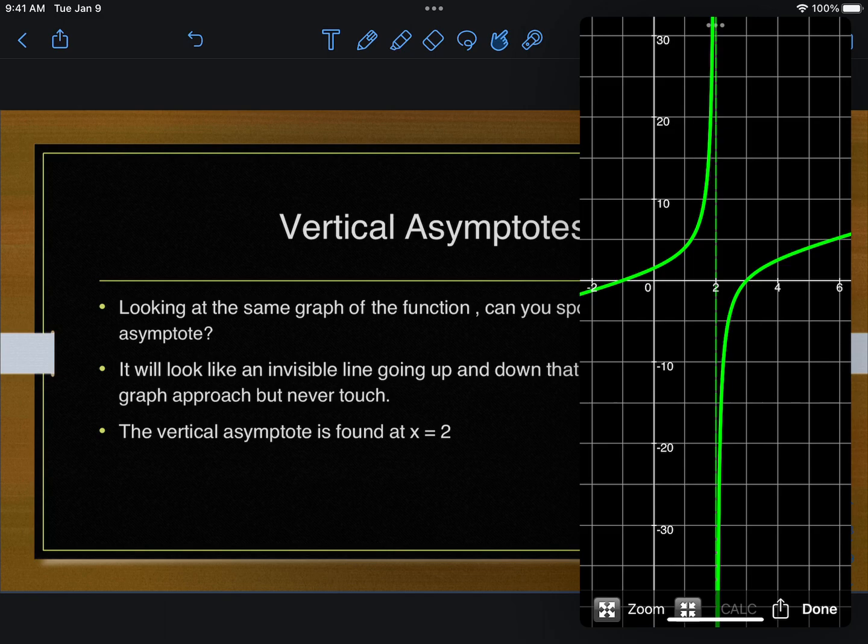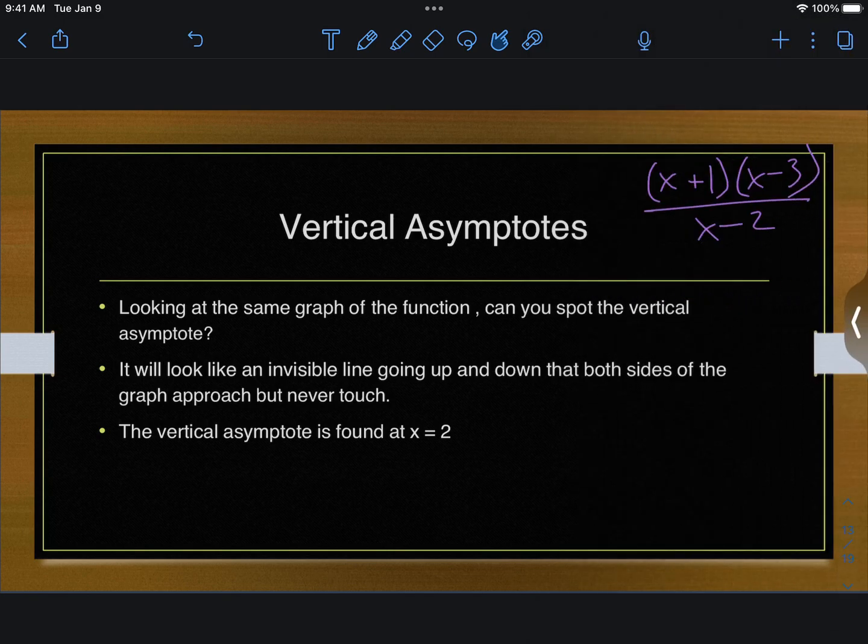If I compare that to my equation, positive 2 is what's going to make the denominator equal to 0. That's exactly what we're looking for: a non-zero number on the top of the fraction over 0. That is undefined, and it's going to create this vertical asymptote in the function.